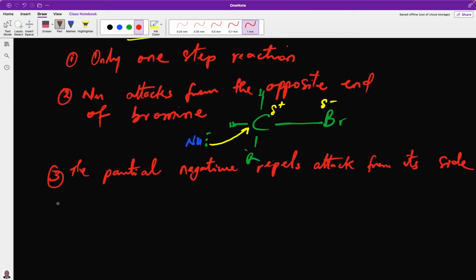Number 4. I said the opposite side is not bulky.